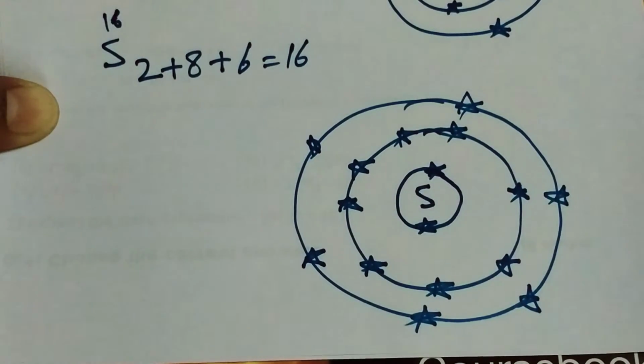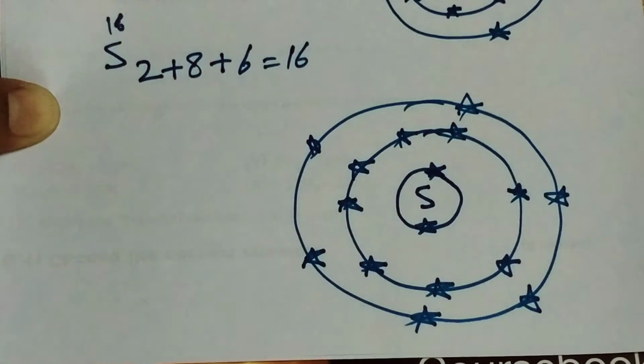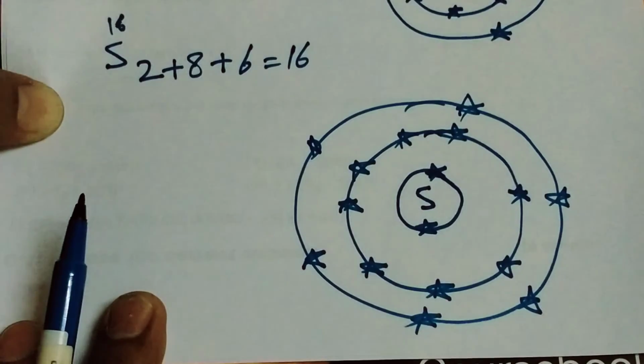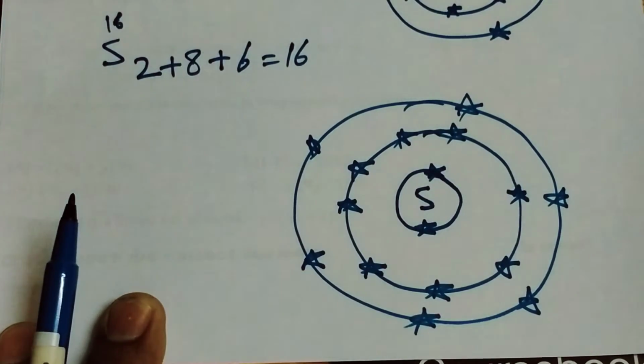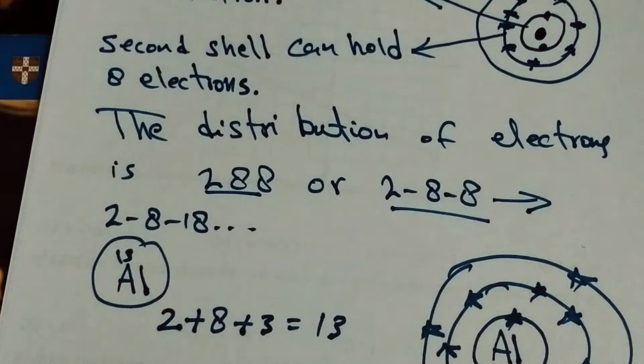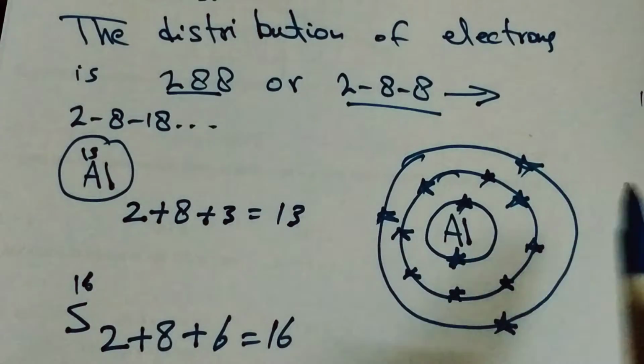As I told you before, there is a role of periods and groups. So let's see here in the periodic table. First of all, I draw aluminium here.